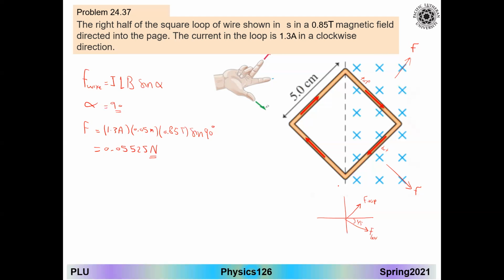Since this has an angle, and forces are vectors, to find the total magnetic force I have to use components, one in the x direction and one in the y direction for the top. Similarly for the lower one, it has a y component and an x component.